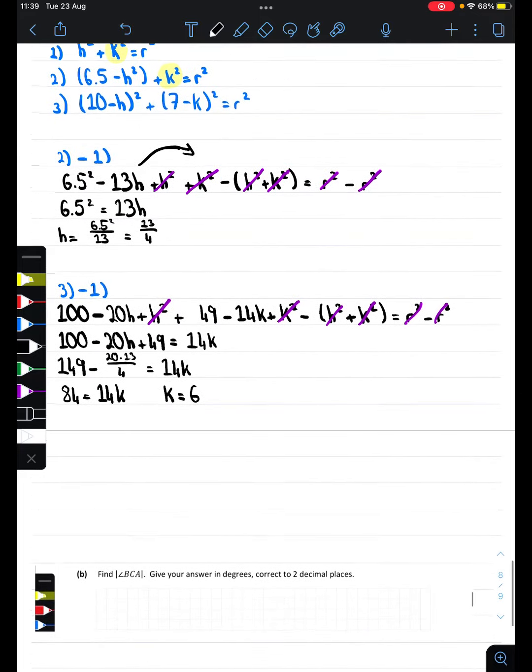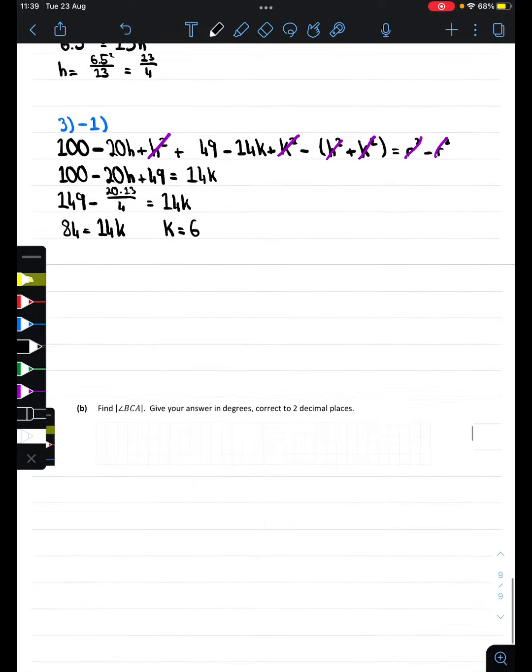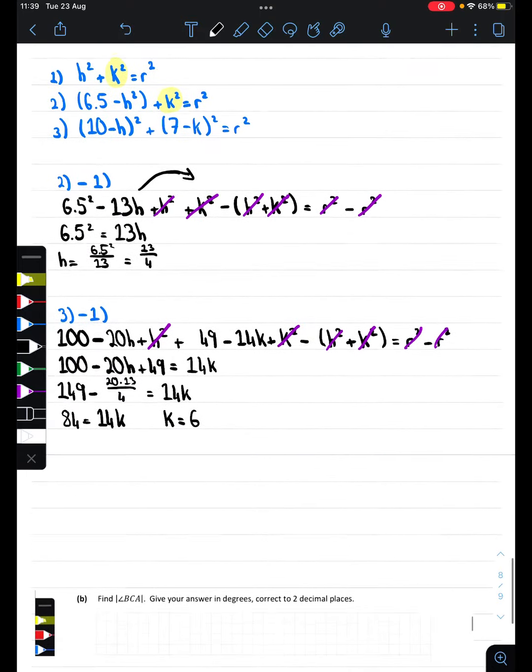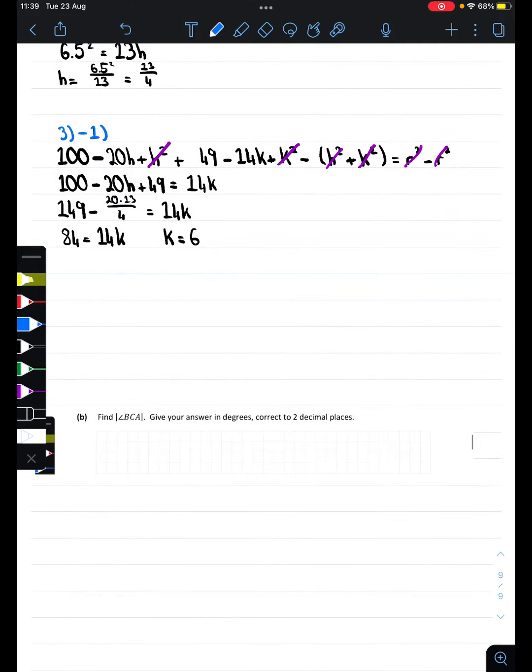Okay, so now we have h, we have k, and this will allow us to get r. So if we look at just equation 1, then h squared, 13 over 4 squared, plus k squared, 6 squared, is equal to r squared.